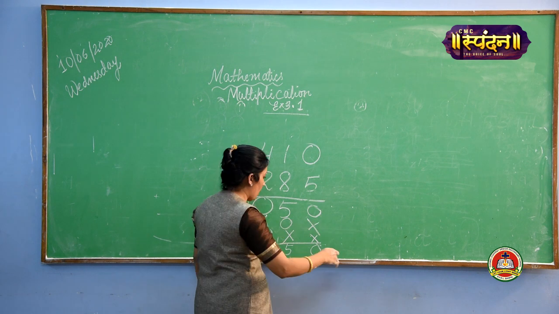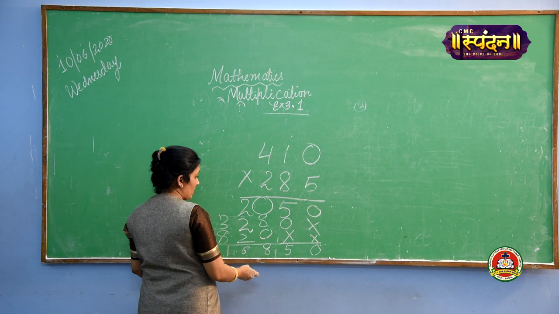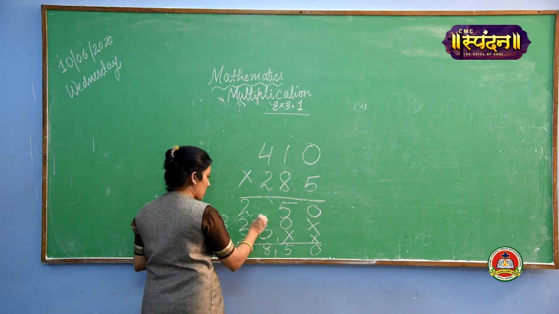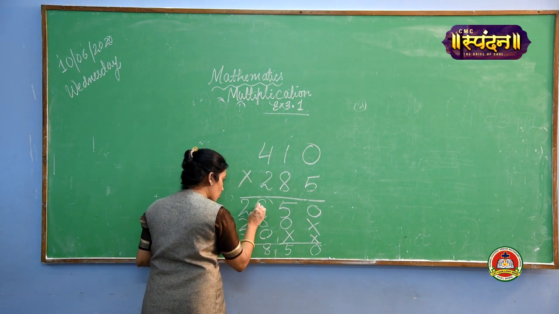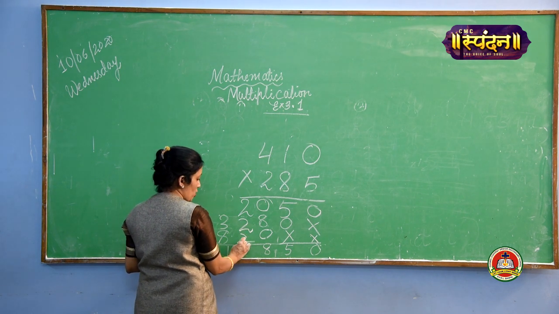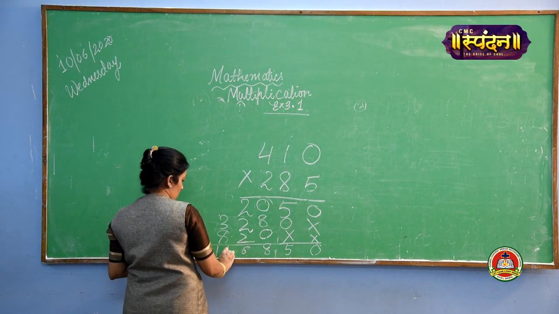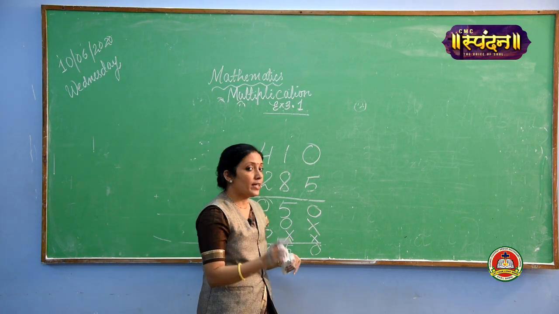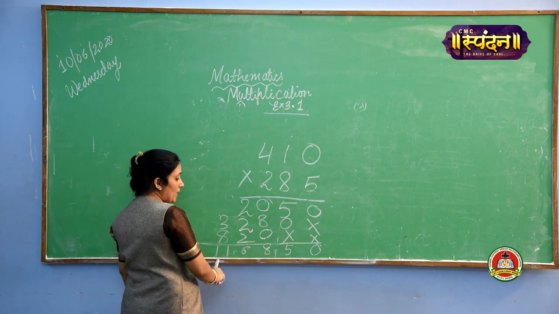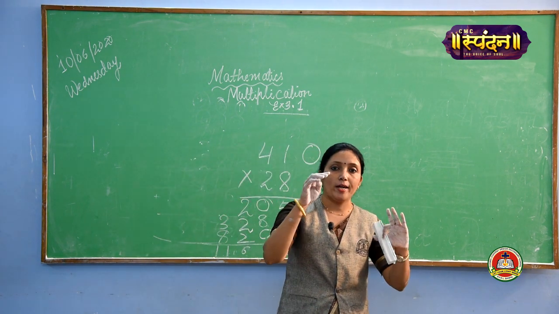Now my addition is coming up. 0, 5, 8, both are 0, so the answer is 0, then 0 plus 8, so my number is 8. 2 plus 2 plus 2, repeated addition, that is 6. 3 plus 8, 11. So my answer is 1,16,850.